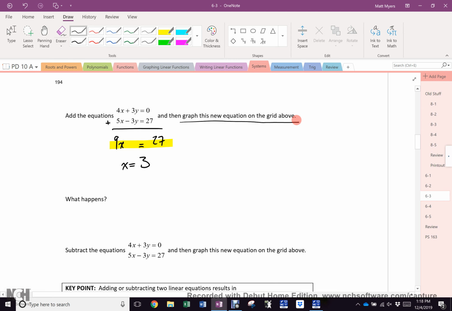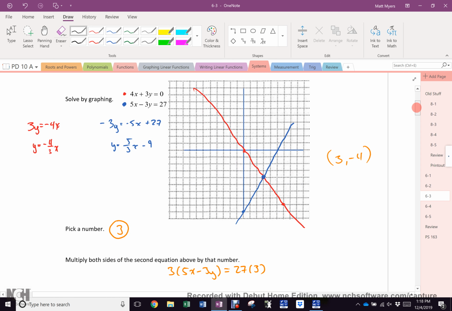You can just look. Where is x equals 3? 1, 2, 3. And for x always to be 3, it would be somewhere on this line, yes? What do you notice graphically?